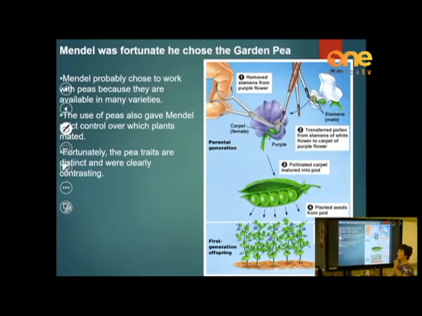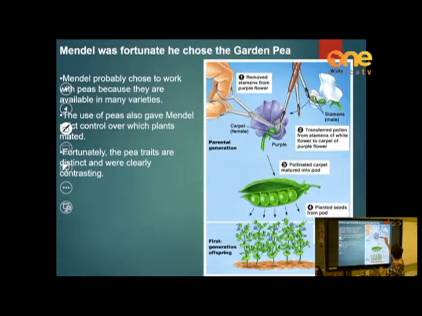So what he did was, he worked very carefully. He tried to enclose the plants that he was working with. He removed the stamens, in this case, from the purple flowers, so that this purple plant would not produce pollen and self-fertilize this flower.